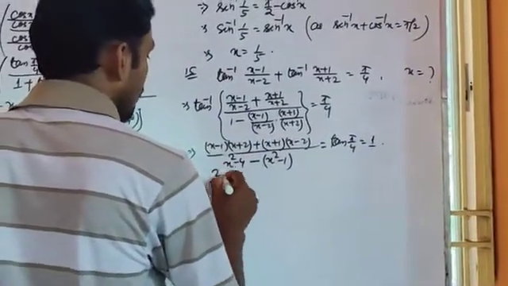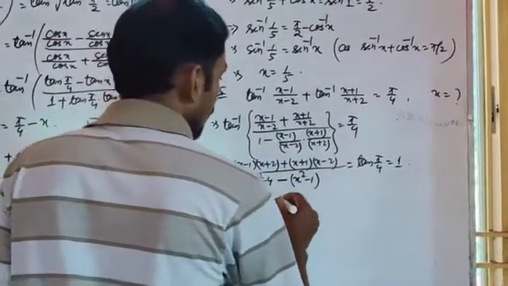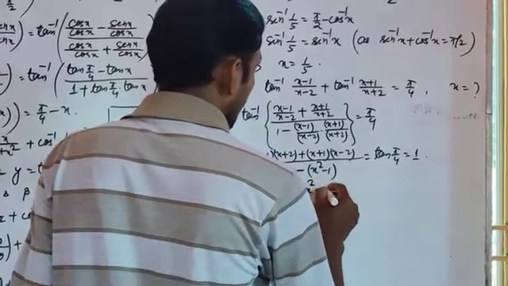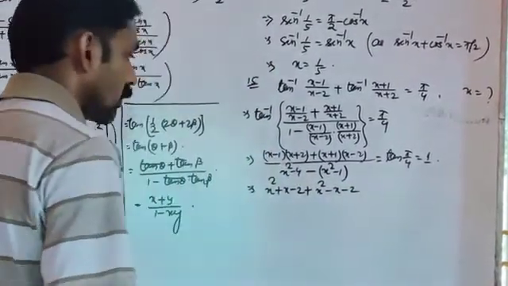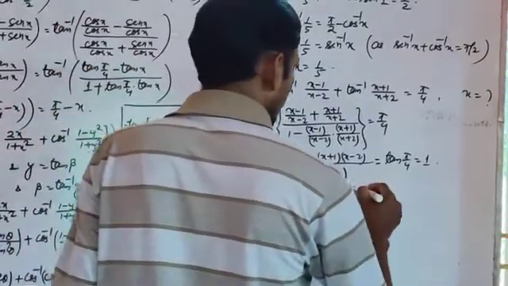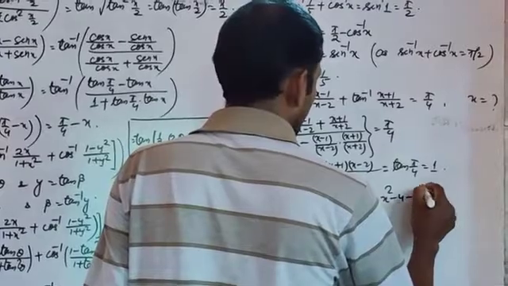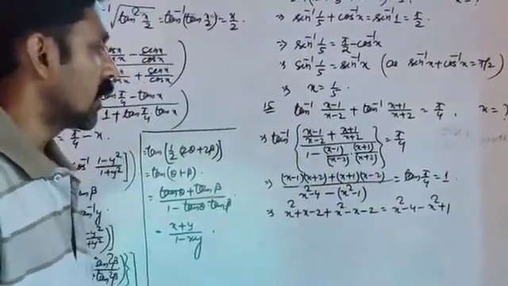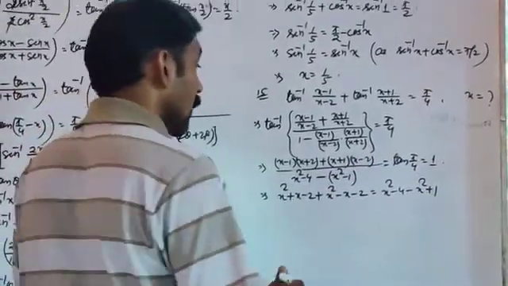This value will become x square plus x minus 2, plus x square minus x minus 2, equal to x square minus 4 minus, I have opened the bracket, this into 1, x square minus 4 minus x square plus 1.